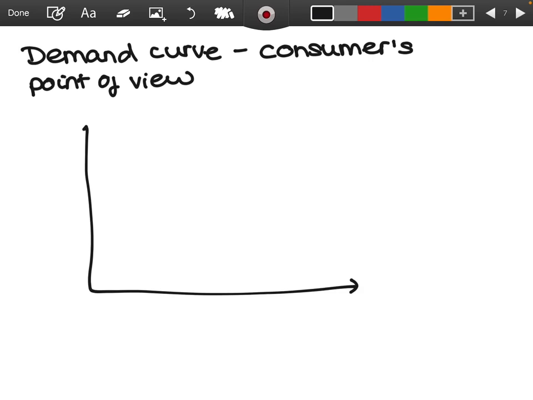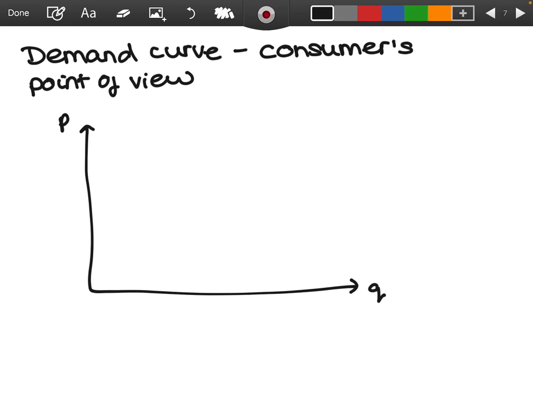Okay. And again, I'm going to plot out my X and Y axes where my price will depend on the quantity. If we are the consumer, in order to buy a higher quantity of these things, we want the price point for each unit to be lower, okay? If the price point is higher, we are less likely to buy more of these things.